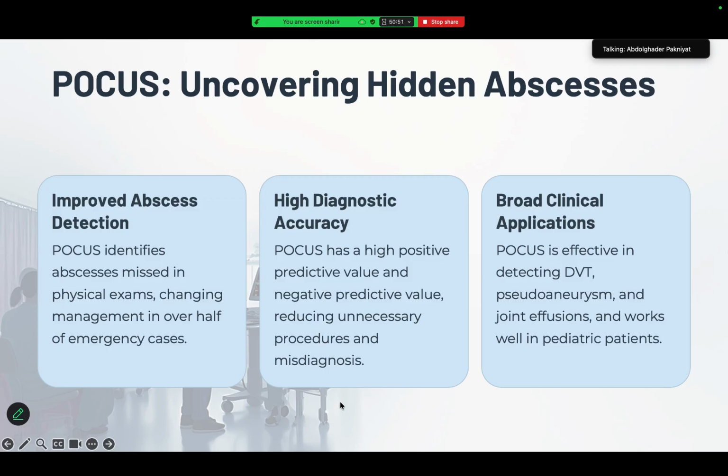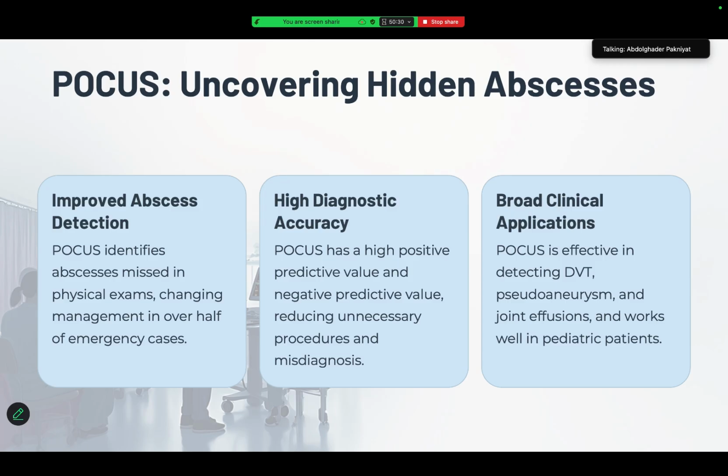POCUS actually improves abscess detection, so we can identify abscesses that are missed on physical examination. Per the studies, it changes our management in over 50% of emergency cases, and has very good positive and negative predictive value.